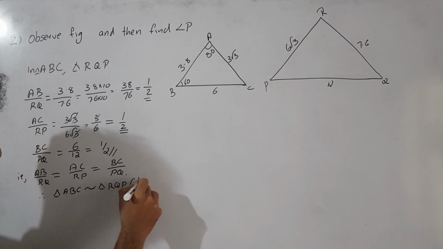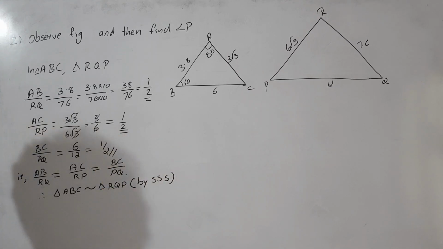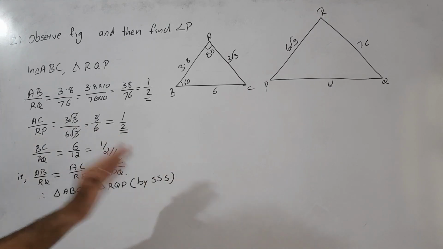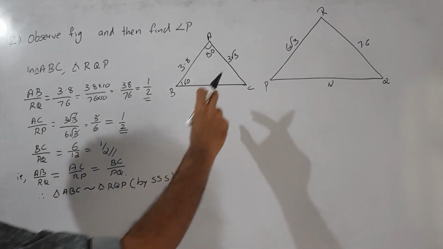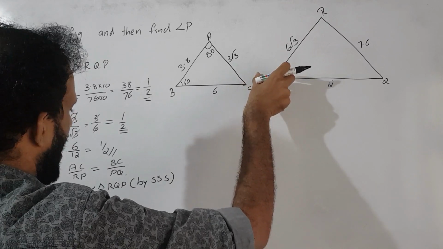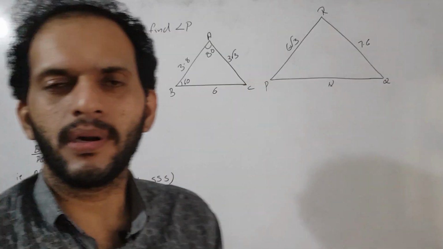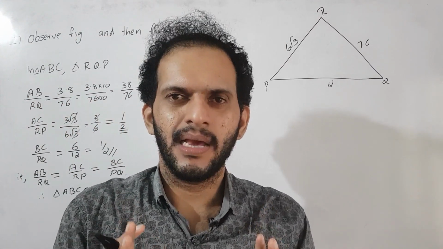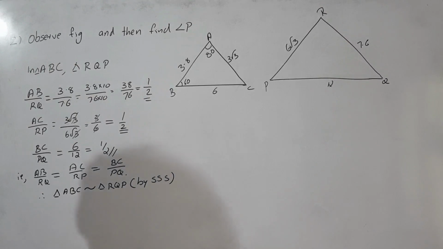What is the rule? By SSS, the triangles are similar. So what is equal? Therefore angle C is equal to angle P. Why? Because we know that if two triangles are similar, then their corresponding angles are equal. So we conclude, therefore, angle C is equal to angle P.